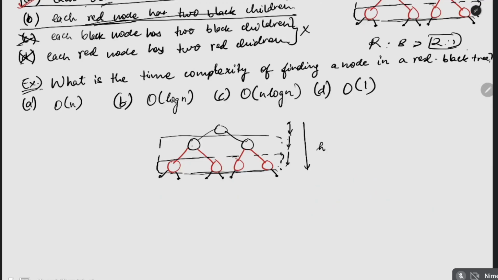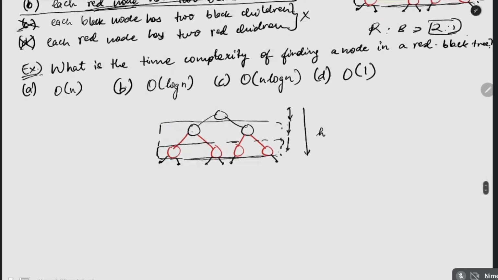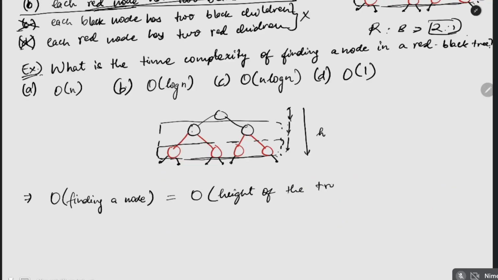The order of finding a node is the same as the order of the height of the tree, because essentially it's a walk down the tree, finding the node.